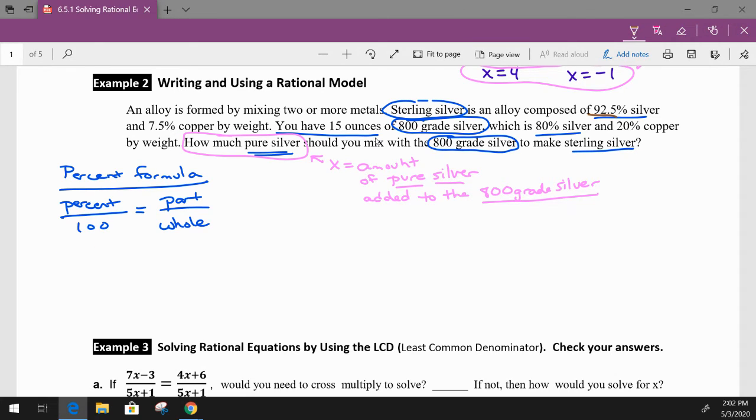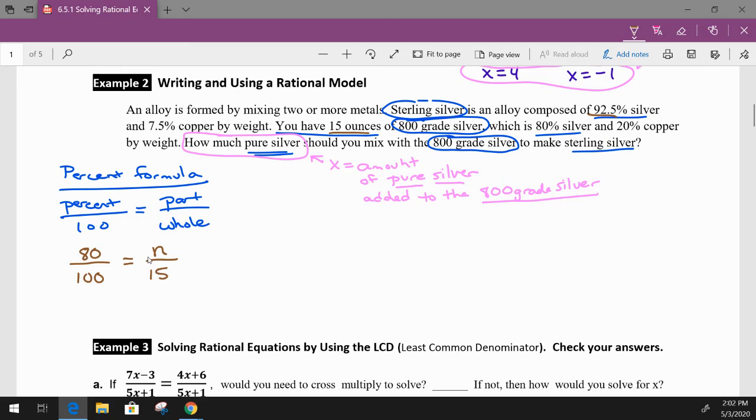So we have 80% of 100 is equal to what part? So actually, I'm going to let this be N. So let's say N is the amount of actual silver that we have out of the 15 ounces. So 80% of the 15 ounces is silver.